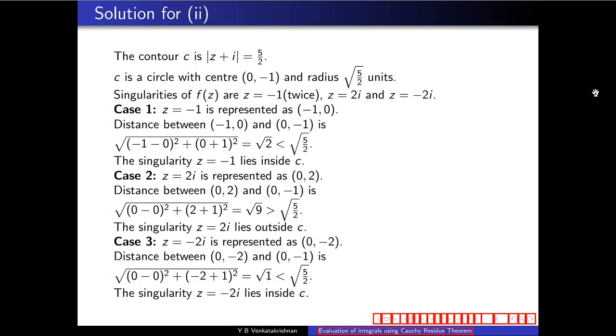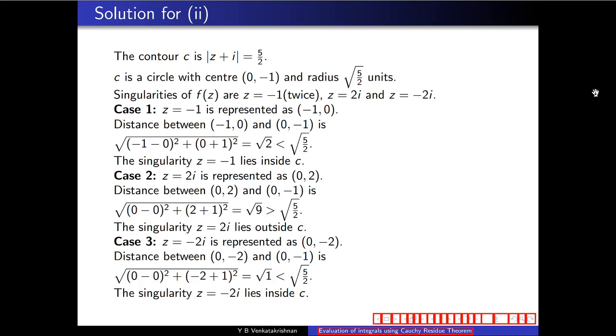Now in the second part I am evaluating the same function, but I have changed the contour to mod z plus i is equal to 5 by 2. That is, instead of mod z is equal to 3, I take the contour mod z plus i is equal to 5 by 2.